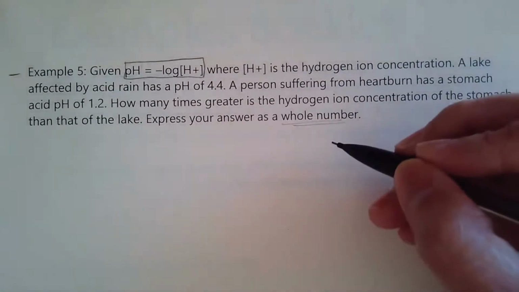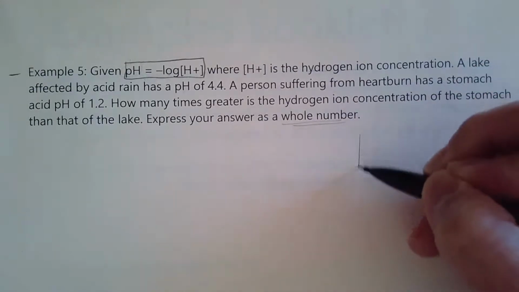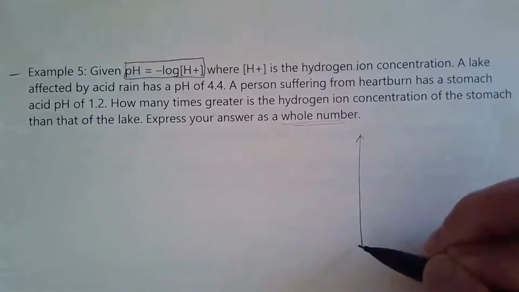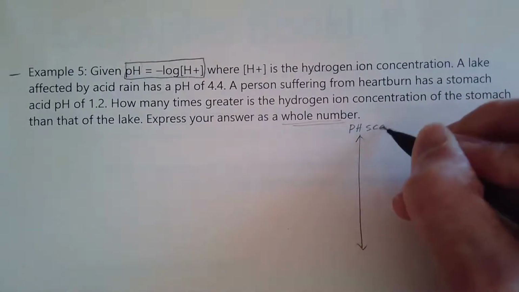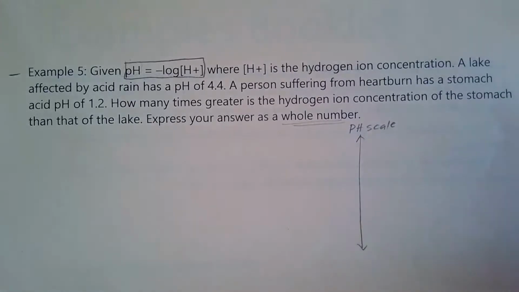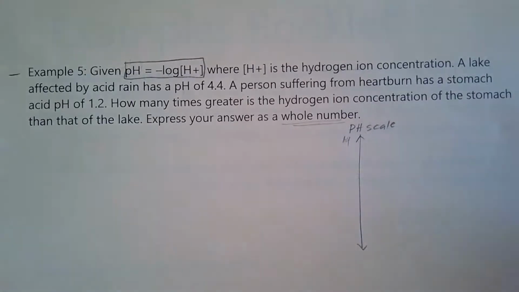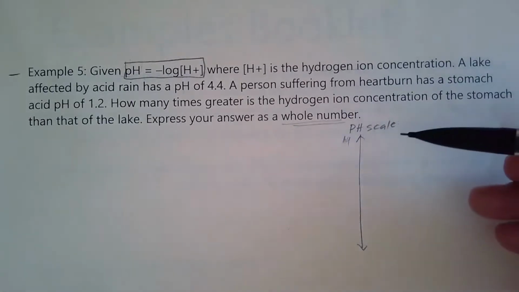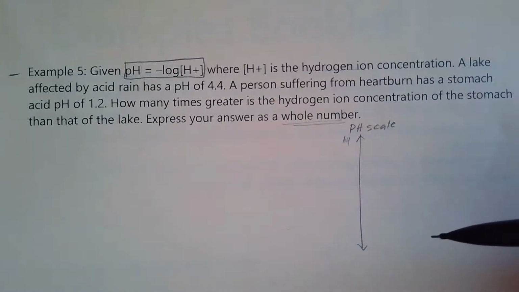When you have a pH scale, if it's about 14, then it's very basic, and the lower it is, the more acidic it becomes.